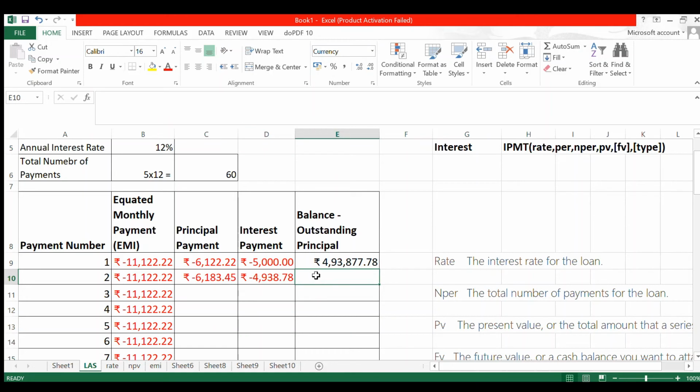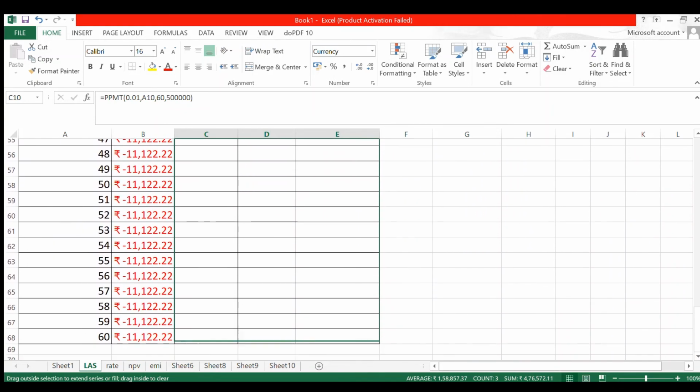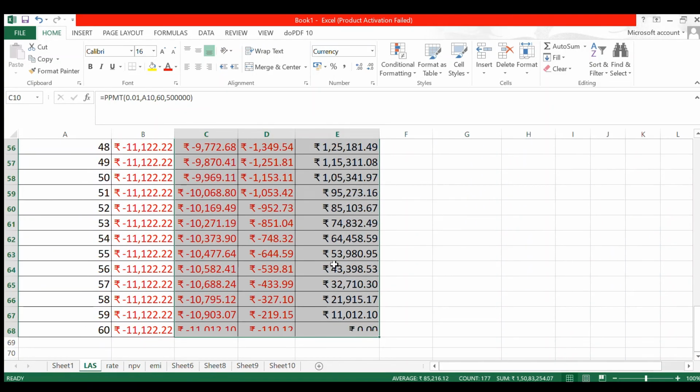So what will be the new outstanding principal? This was the current outstanding principal, and we have paid 6,183. So the remaining outstanding principal will be 4,87,694. Now we are populating the value by selecting these three equations down to the 60th month.